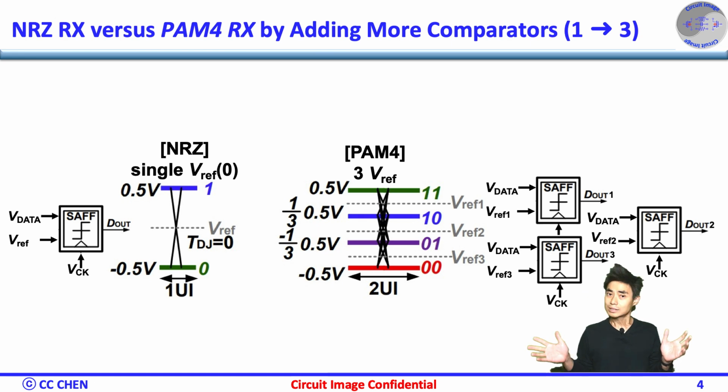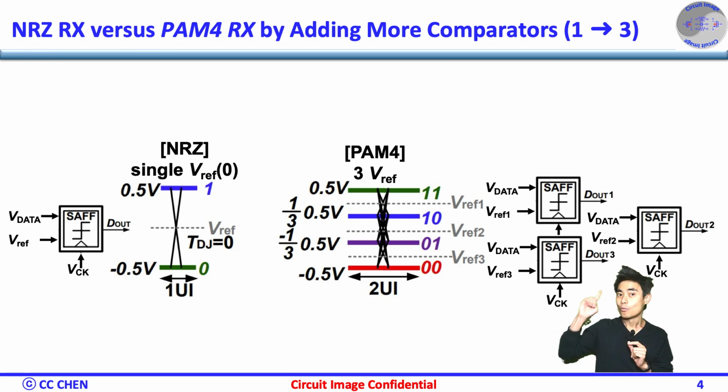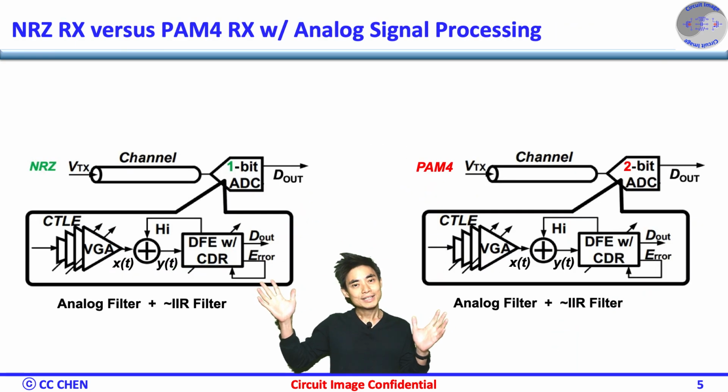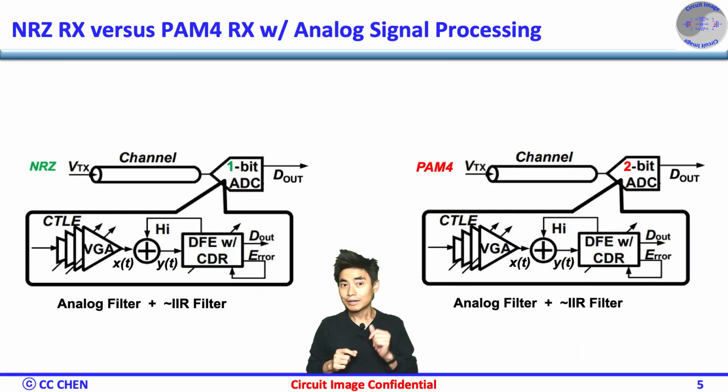Alright, what's the advantage of doing the same analog-based RX from NRZ to PAM4? Think about the analog signal processing image one more time. Great. Starting from a high-level view, as you can see, the good thing between the left NRZ RX and right PAM4 RX is that the front-end topology in CTLE, DFE, CDR is almost the same.